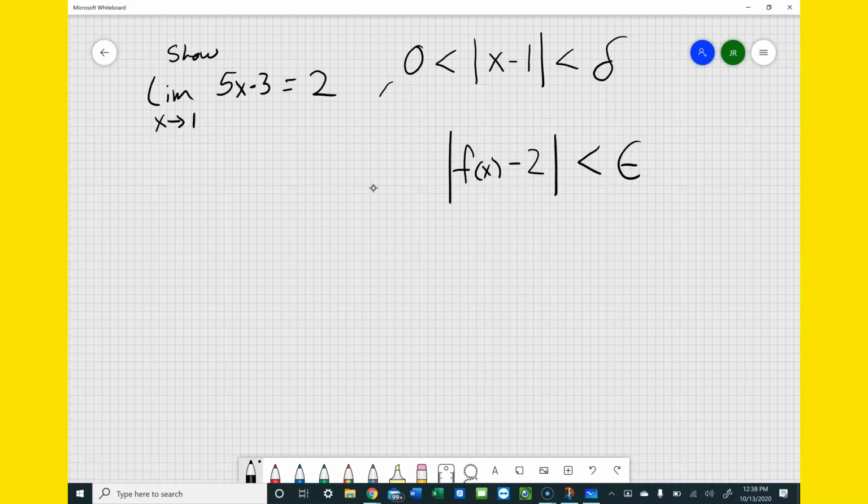So this implies this. We have to find the delta that accomplishes that.